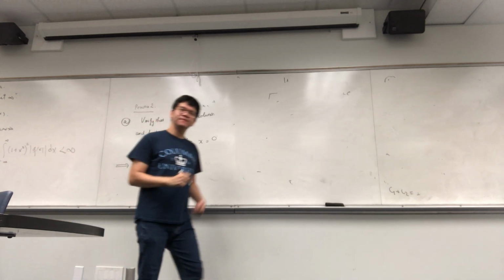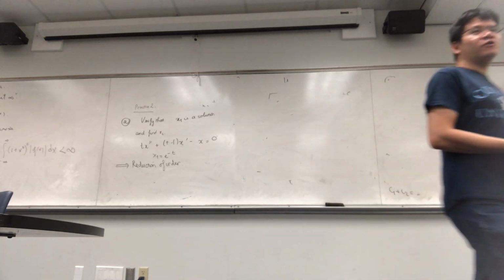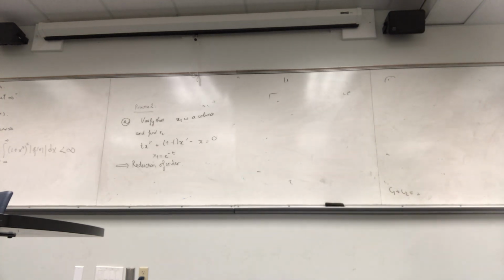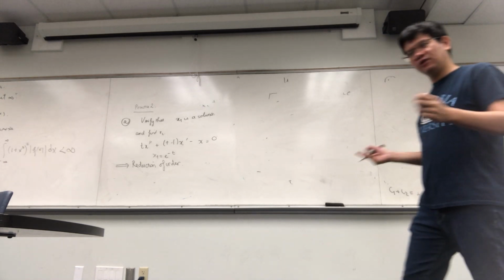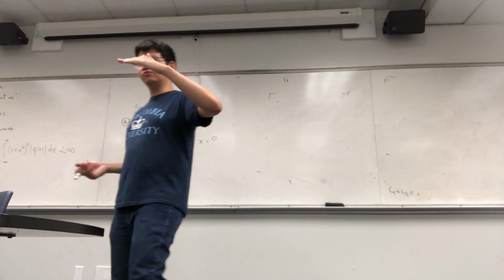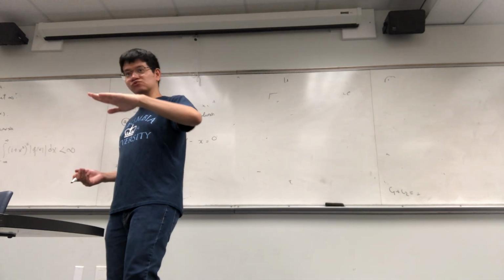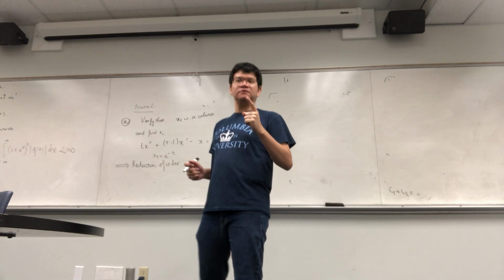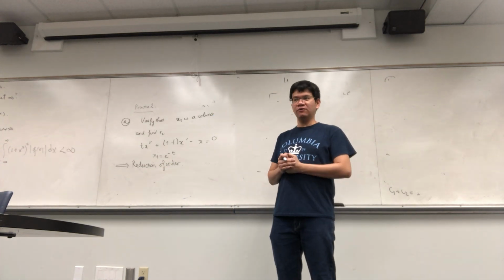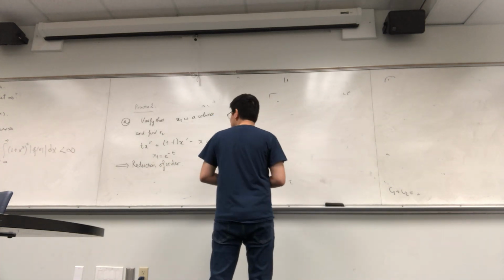All right. So for this exercise, one solution is given, and you have to find the second solution. And to find the second solution, you're going to consider the ratio between the second and the first solution, and you find an equation for this function. All right. And this is the reduction of order method.